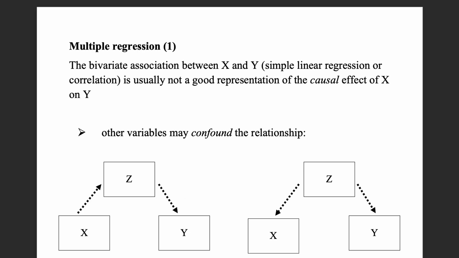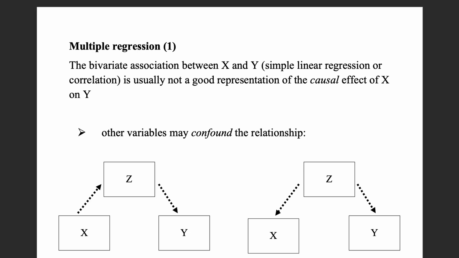Or on the right hand side, we might have a situation where differences in this third variable, Z, lead to differences in X, and these differences in Z also lead to differences in Y, our dependent variable.